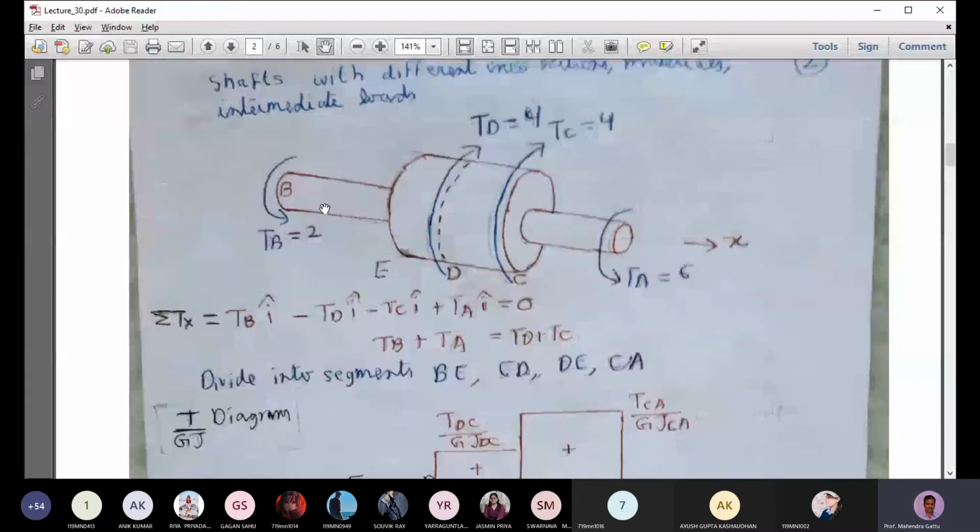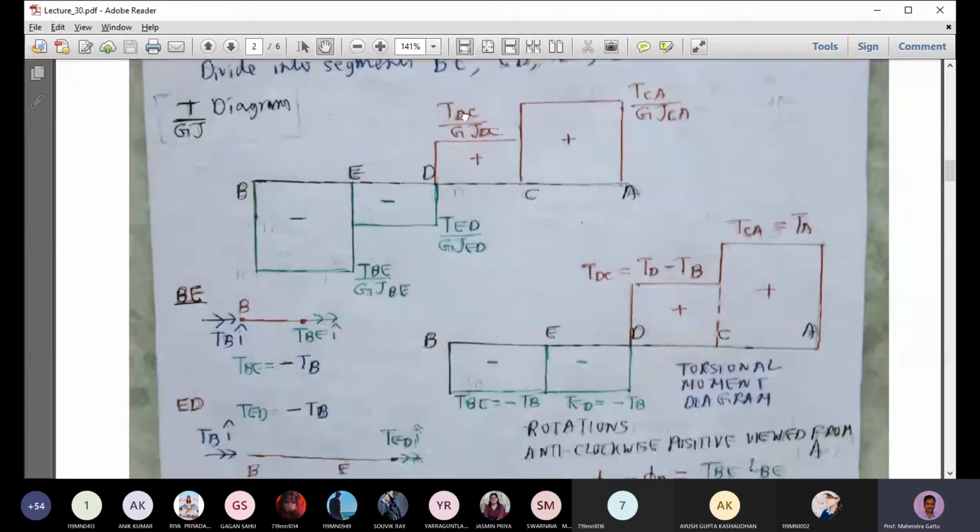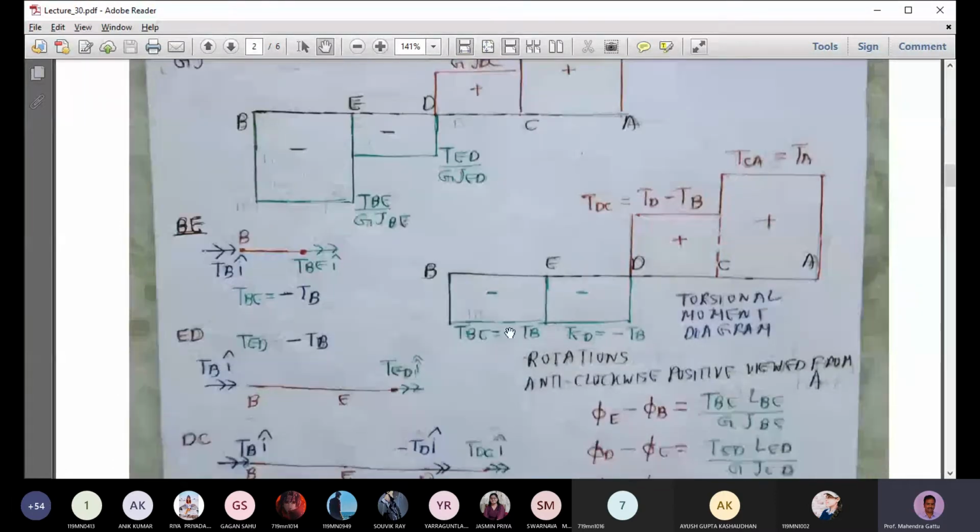Looking at this body, between B to E, it will have one polar moment of inertia, JBE. Between E to D and D to C, the two segments, it will have the polar moment of inertia JED and JDC, and between C and A, it will have JCA. So what we are doing is dividing the torsional moment diagram by the GJ term.